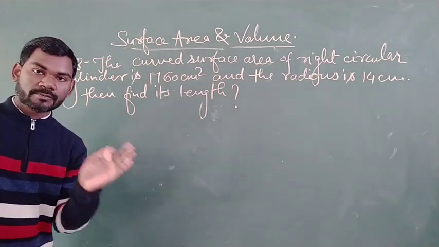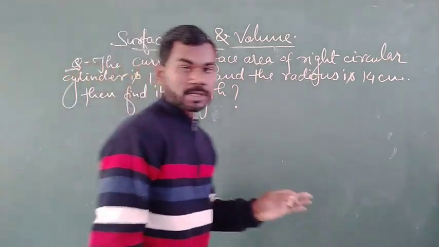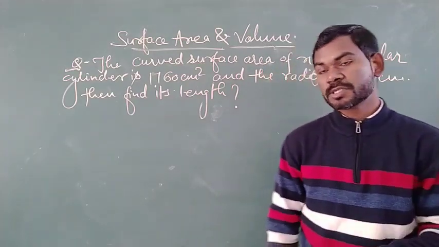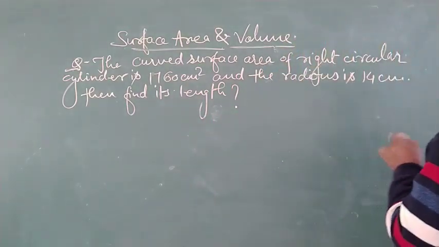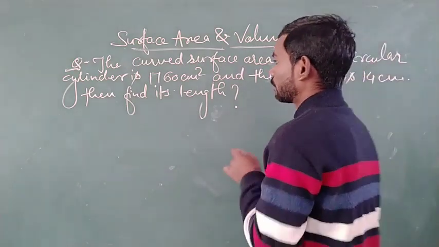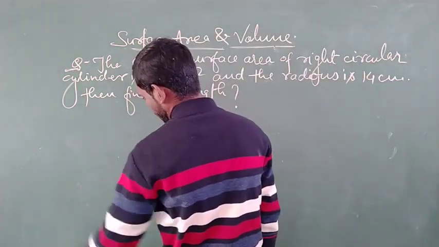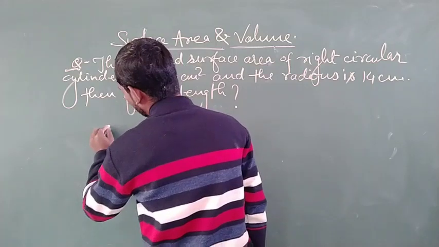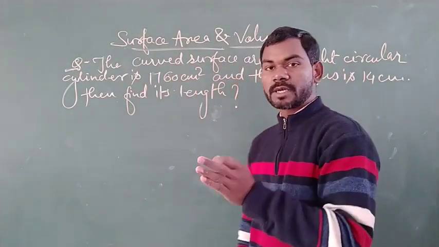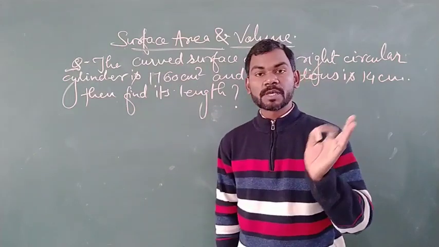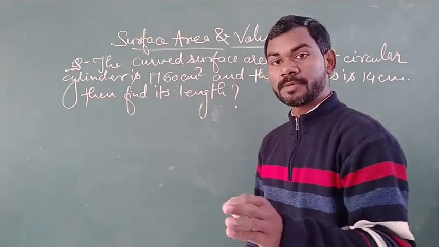Now let us see what the question says and what we have to do in order to find the solution. The curved surface area of a right circular cylinder is 1760 centimeters square. A right circular cylinder means both circular bases of the cylinder have the same radius.